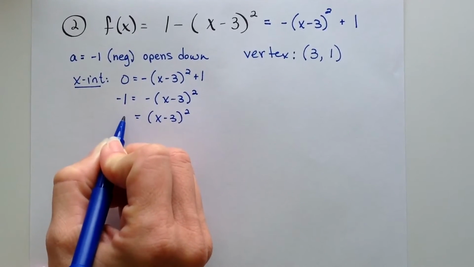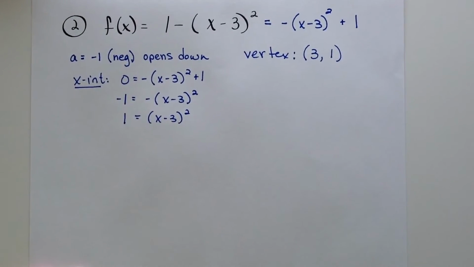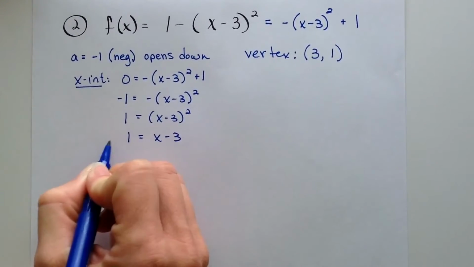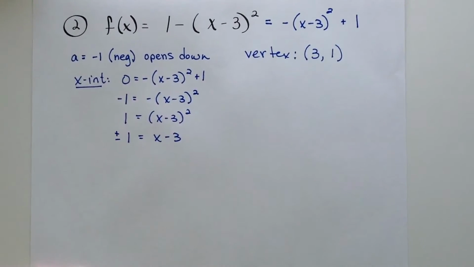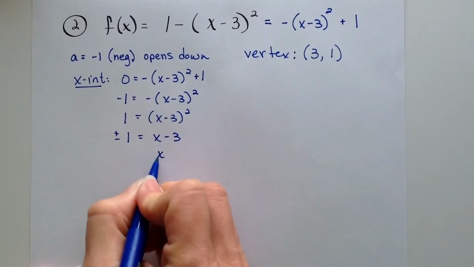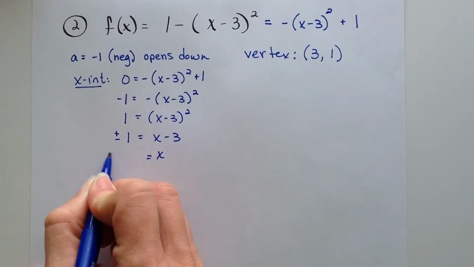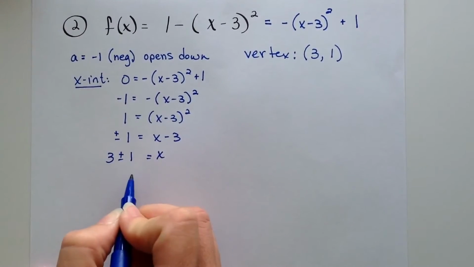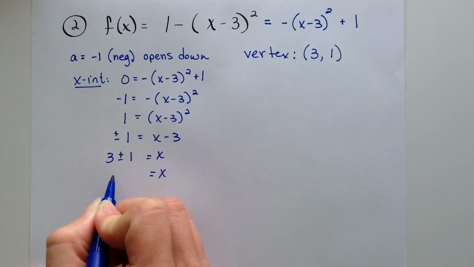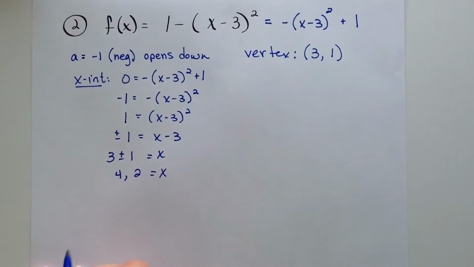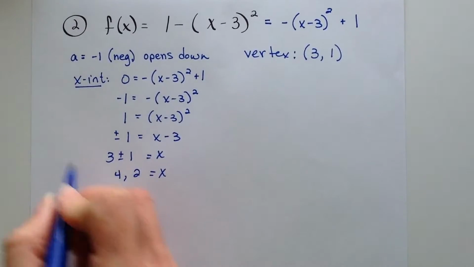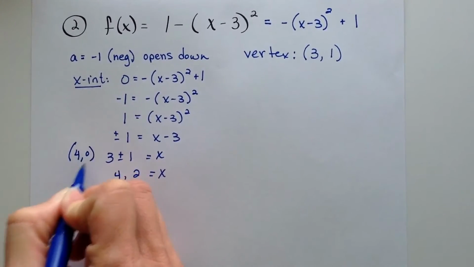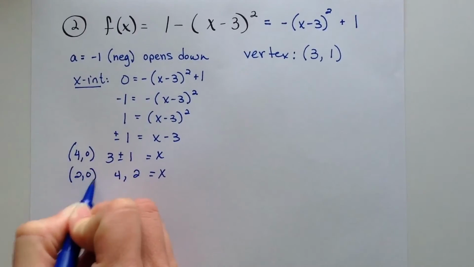So now I actually will have (x - 3)² equal to positive 1. So now I take the square root of both sides. Now the square root of 1 is just 1, but don't forget your plus minus. And then to get x by itself, you would add the 3. Okay, so calculate your plus and your minus here, so you actually end up with 4 and 2. So that means that we have an x-intercept at (4, 0) and an x-intercept at (2, 0).